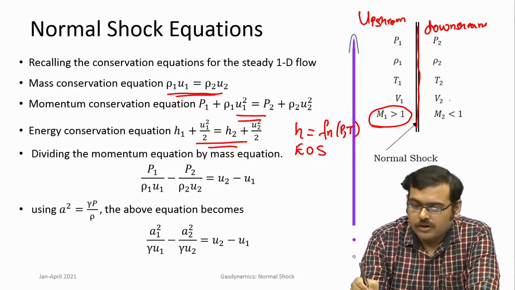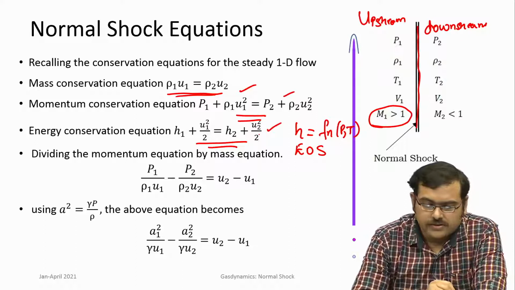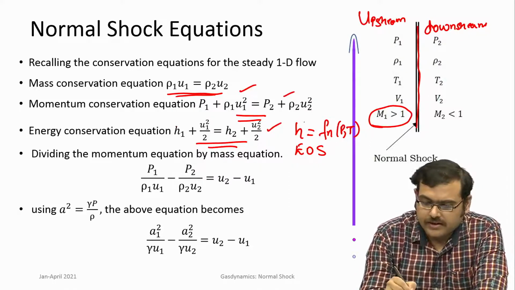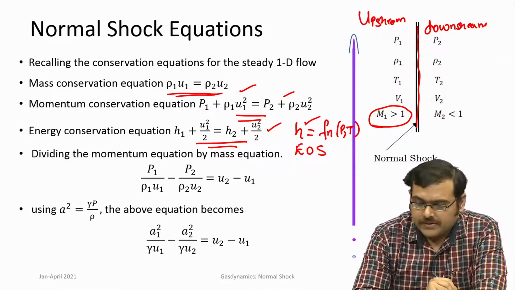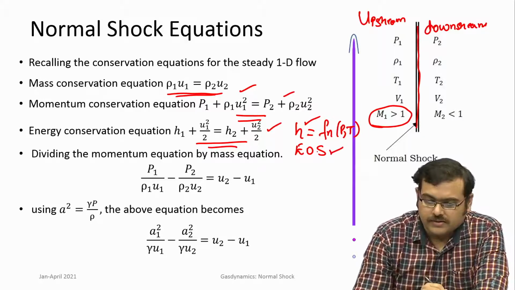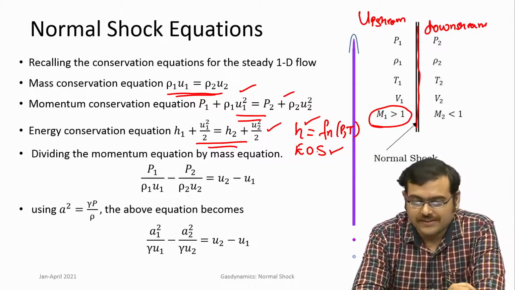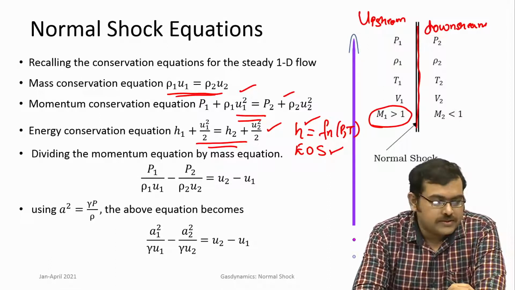There are four unknowns here. There are three conservation equations, and enthalpy is related to pressure and temperature in a general form, and there is a fourth equation, the equation of state. So we have a consistent set of equations, and this can be solved.